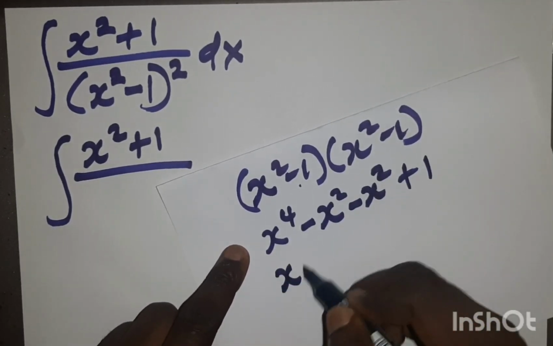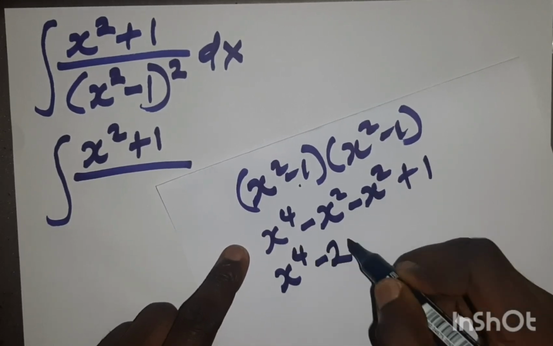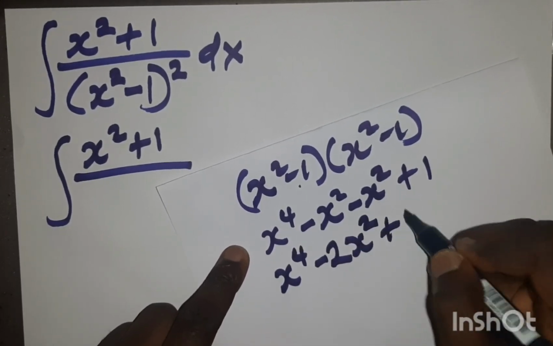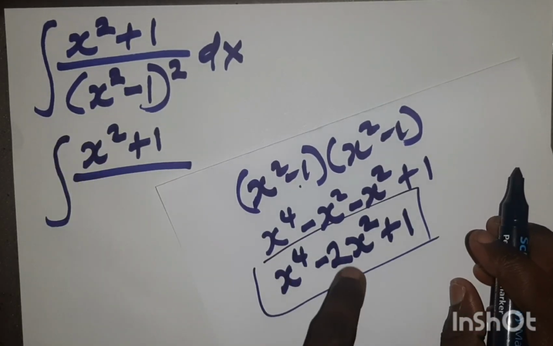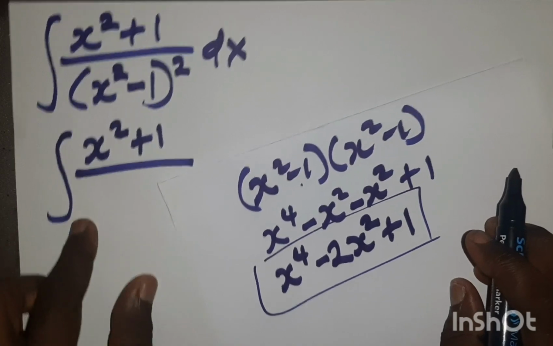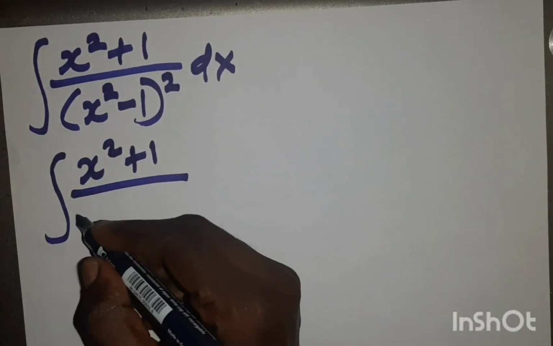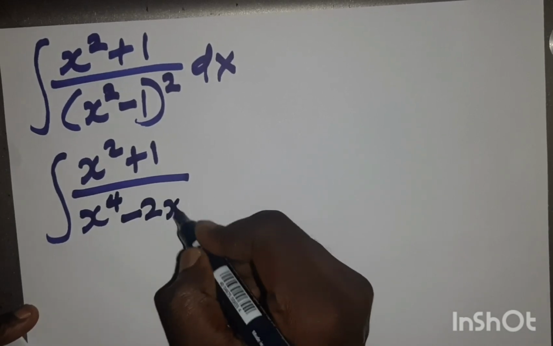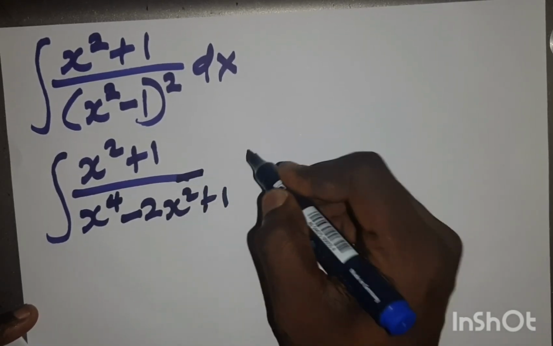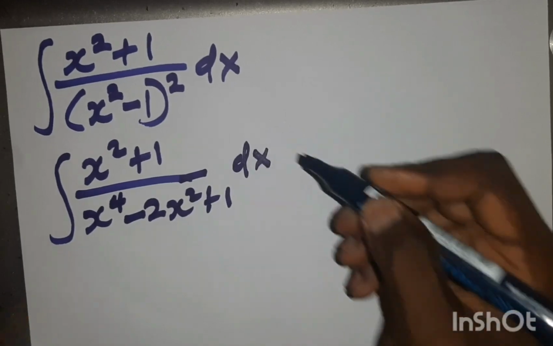Then I have x raised to the power 4 minus 2x raised to the power 2 plus 1. So this is what you get if you expand this one. So I'm fixing this one here now: x raised to the power 4 minus 2x raised to the power 2 plus 1, still with respect to x.